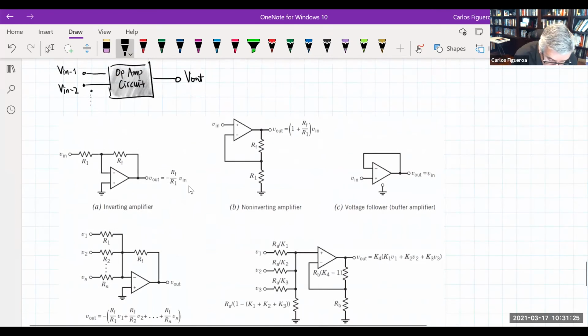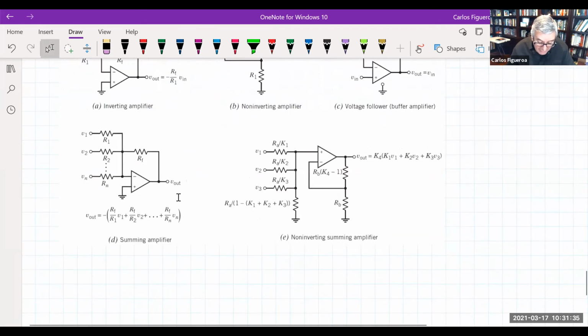If you set up an op-amp circuit with this type of resistors, you get an inverting amplifier. If you set it up this way, you get a non-inverting amplifier. Or you could have these summing amplifiers. The inverting summing is going to be negative, but you can look at ratios of these things.